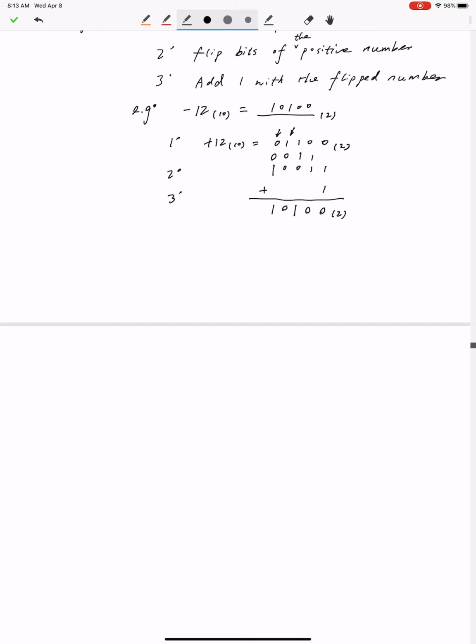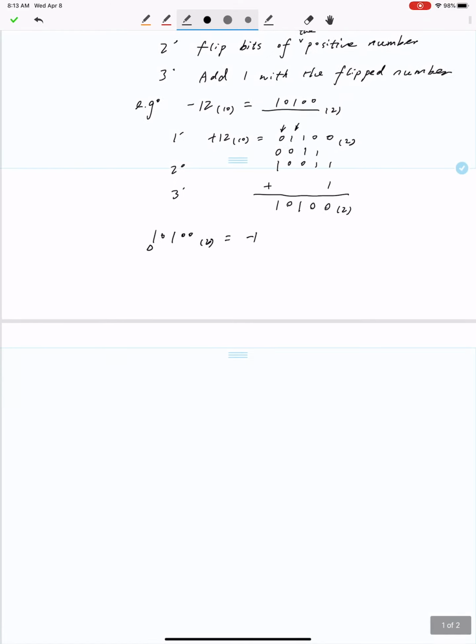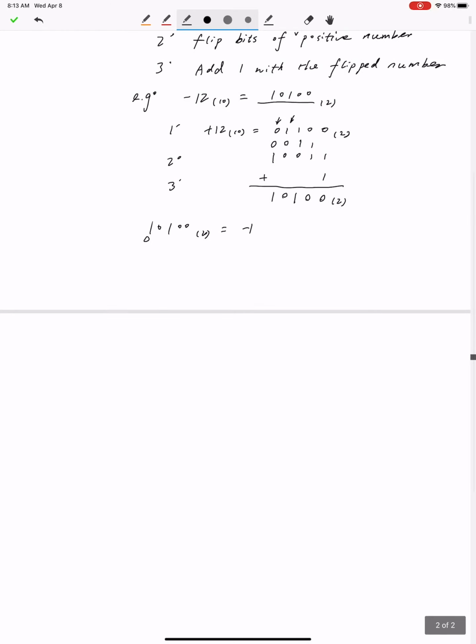For negative binary numbers, the first digit represents minus 1, right? Because this is a signed binary number and this is a negative binary number. And then the remaining procedures are the same as the previous unsigned converting method.